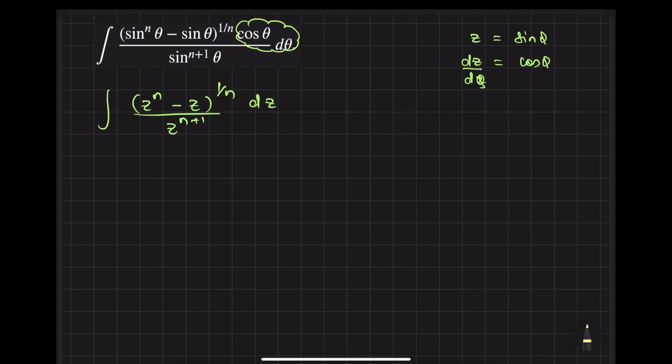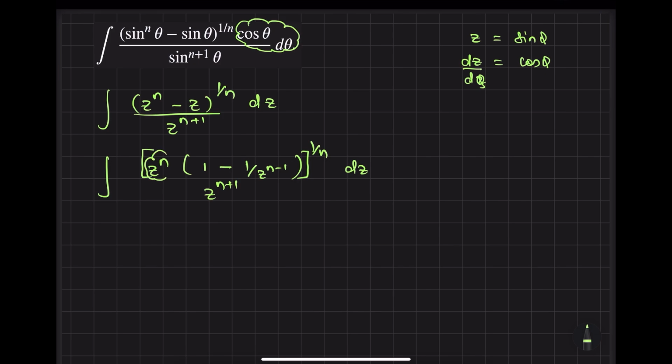So suppose what you did, I will go with the green color only. Now if I take maximum thing common, I will take z^n common. So we will be left with (1 minus 1 by z^(n-1)), then power is 1 by n, the whole thing inside the bracket, and z^(n+1) with dz.